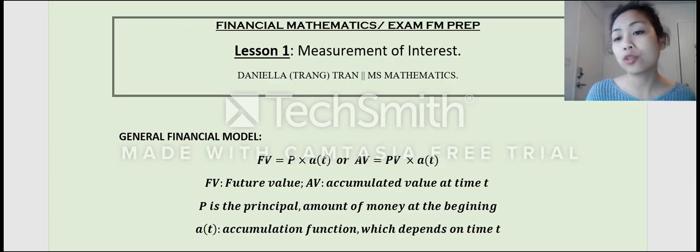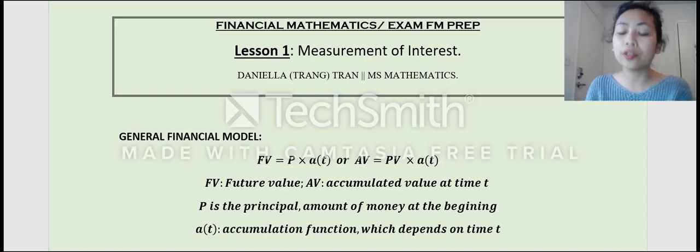Lesson 1, measurement of interest. When you invest your money, in general, your future money, suppose you invest $5,000 today, and the saving account earns interest at an effective rate of 5% per year.